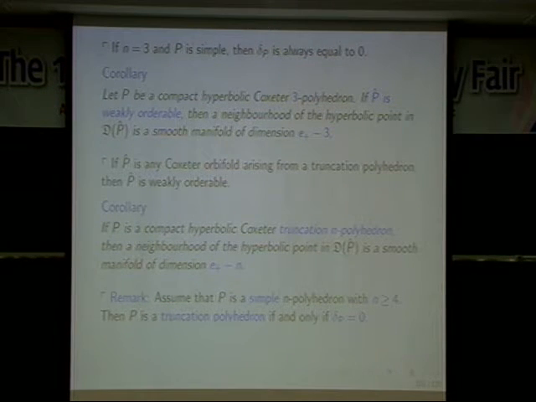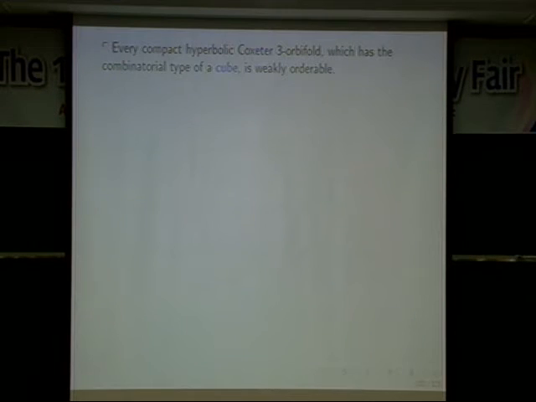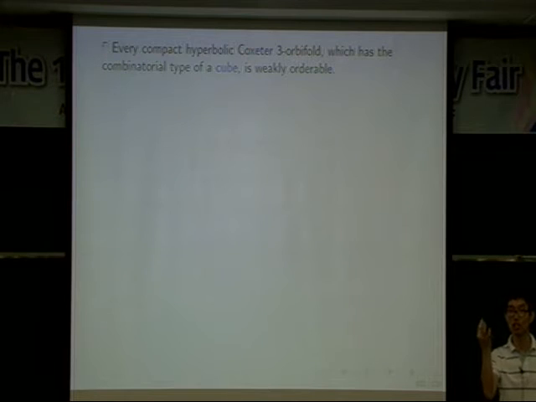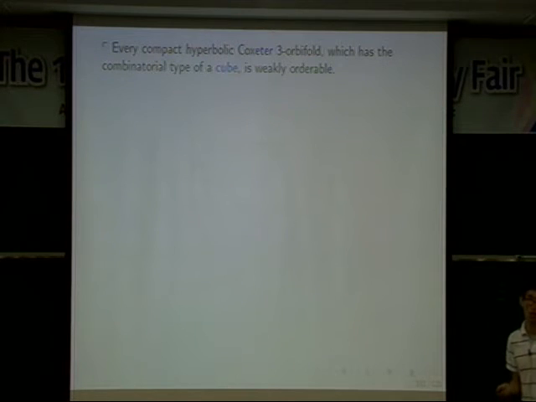Also, the good news is that for every compact hyperbolic Coxeter 3-orbifold which has the combinatorial type of a cube, starting from the hyperbolic Coxeter cube, everything is weakly orderable. So we know what the local deformation space of the hyperbolic Coxeter cube is.